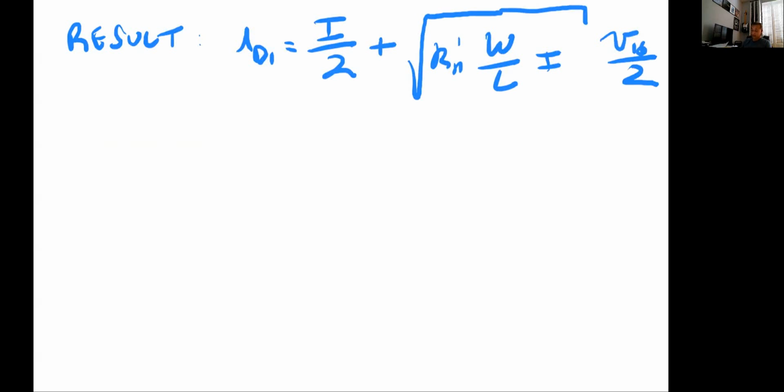So this relates the current to the input differential voltage.